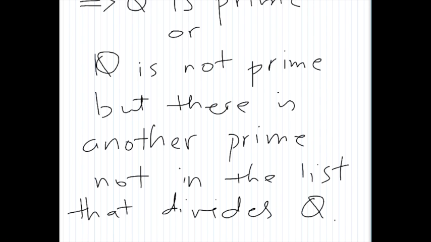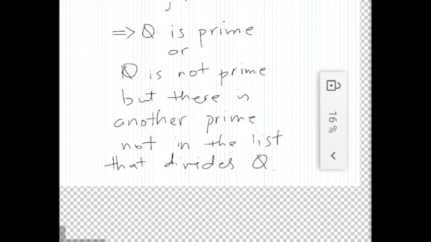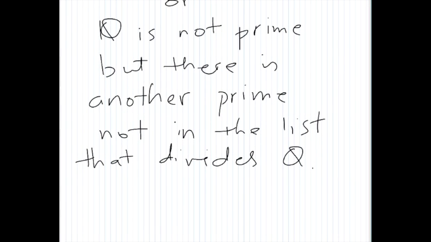Once we say that pj does not divide q, it can mean one of those two things. One is that q is prime itself, or q is not prime, but there is another prime which is not in the list of p1, p2 up to pn, and it divides q.